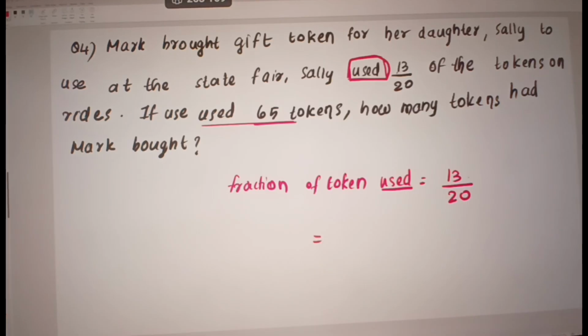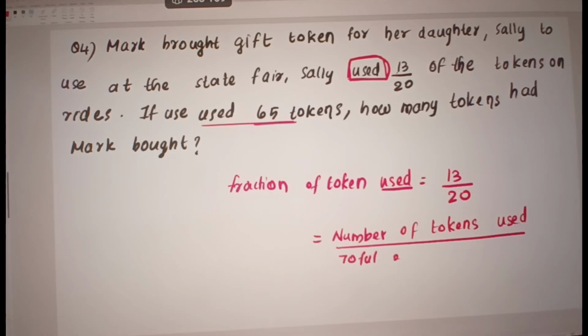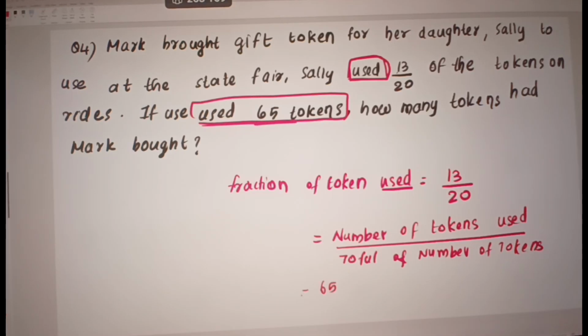Now you define what the numerator is and what the denominator is. The numerator shows the number of tokens used over the total number of tokens. What is the next thing given? She used 65 tokens. So what is 65? 65 means the number of tokens used.